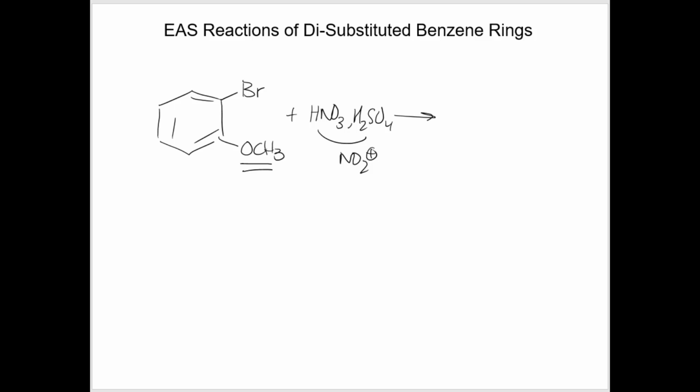How do I know that? Because I know the chart after 20-some years. You have to know the chart as well. What kind of group is this? It's an activating ortho-para director. So it's going to direct ortho and para, and over here this ortho position is already taken up by the bromine.